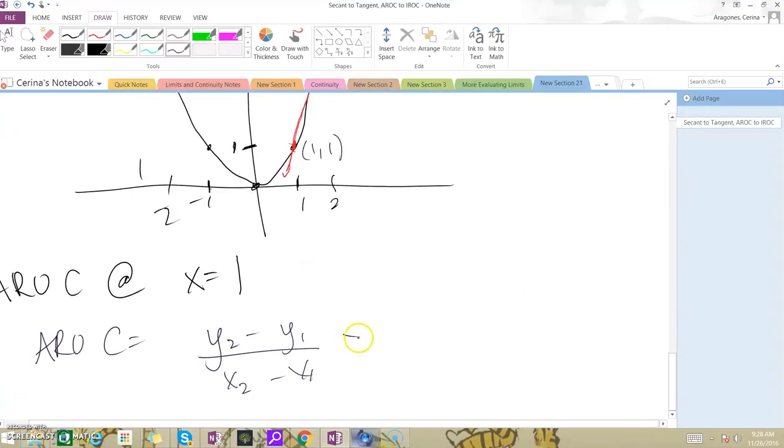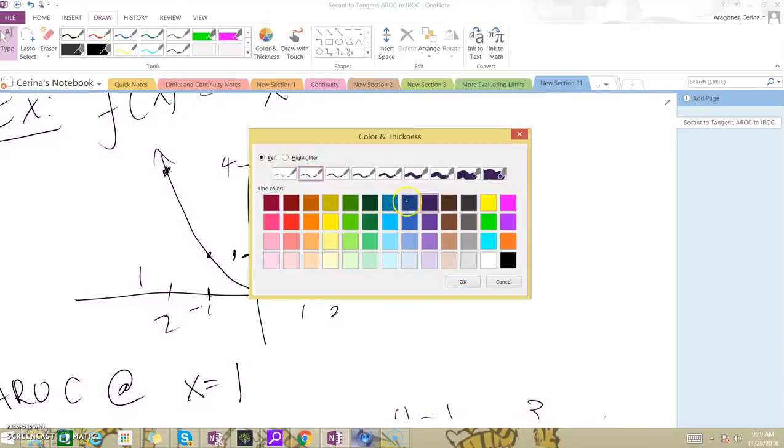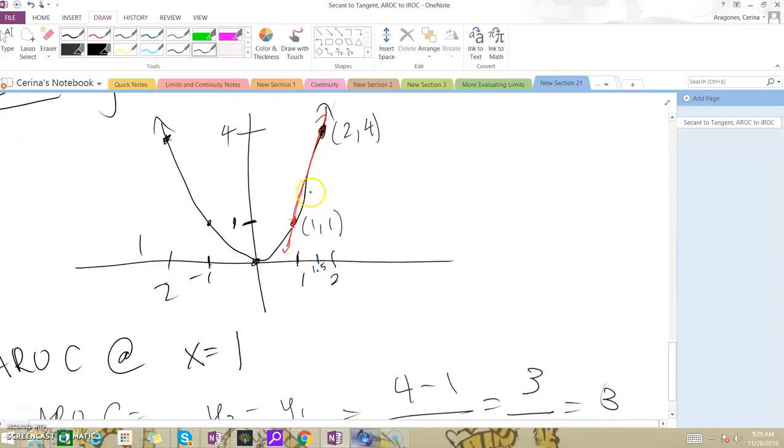So then my change in y is 4 minus 1 over 2 minus 1, which is 3 over 1, which is 3. So that's my average rate of change. Well, to get a more accurate rate of change, I can draw a secant line that's even closer to the value I want. So maybe instead of at 2, I draw it at 1.5 over here.